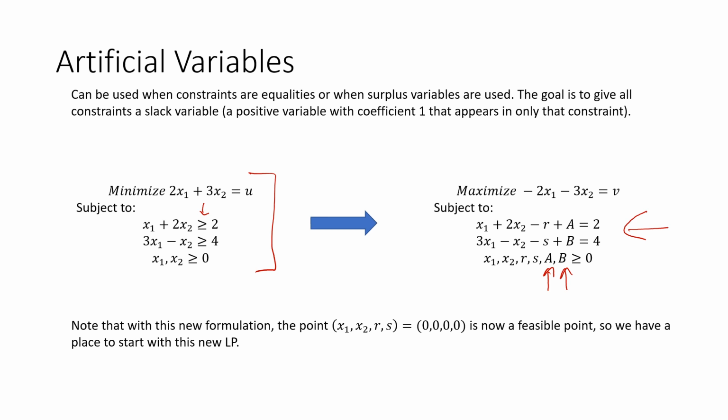You set a equal to 2 and b equal to 4, but all of your other variables are equal to 0, and it's a feasible point. So now we have a place to start with this new linear program. We've changed our original program, added something else in there, and we now have a feasible point we can start at. The problem is this is not the same linear program because we've added extra things.